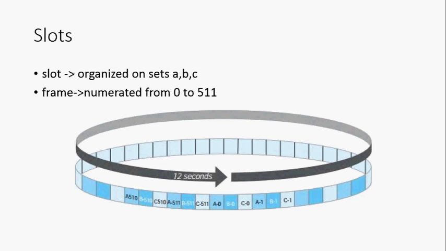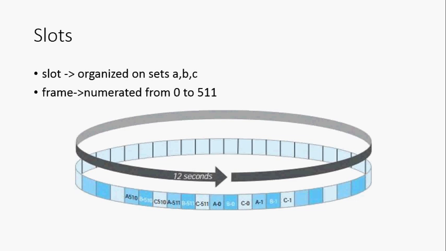As I say interleaved, that means that firstly comes the C 510, then the A 511, and so on over the whole 12 seconds. Each block is a small time slot.